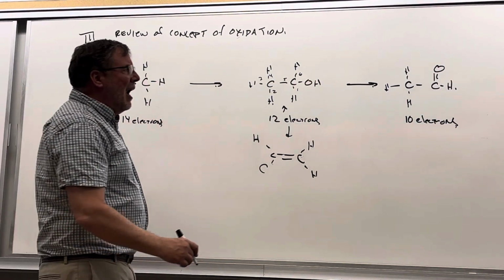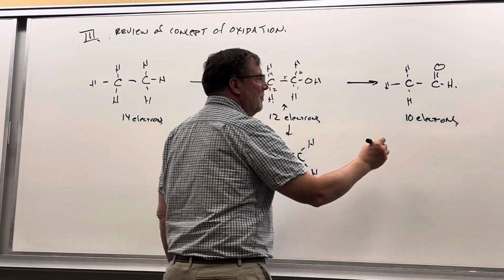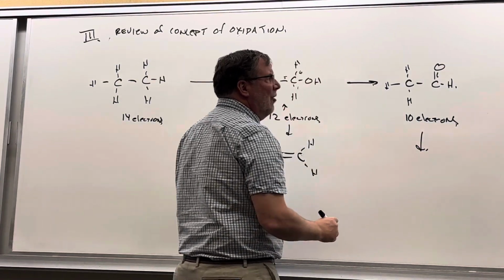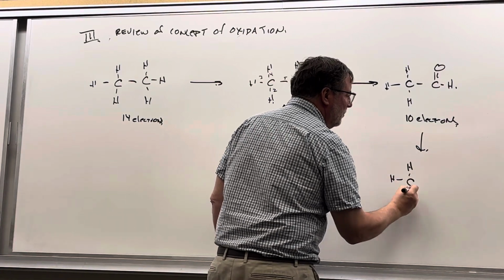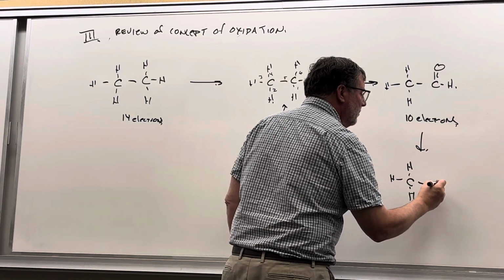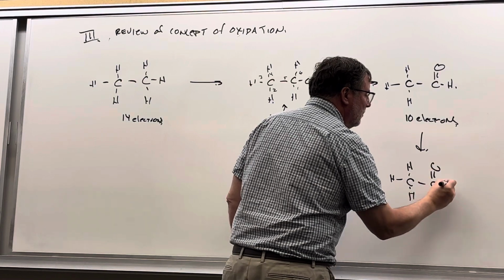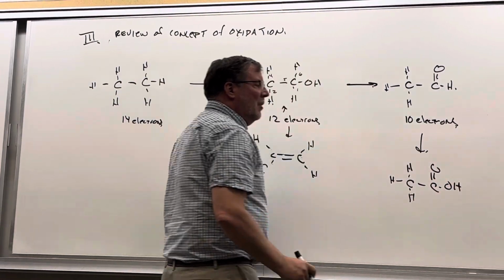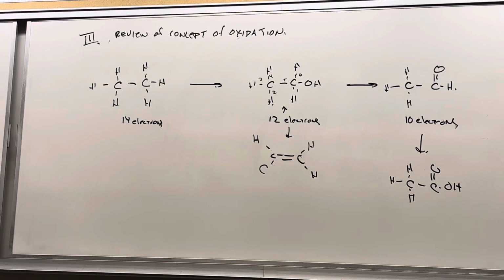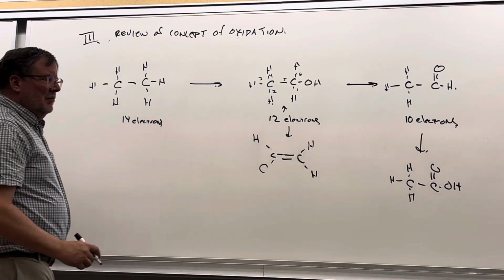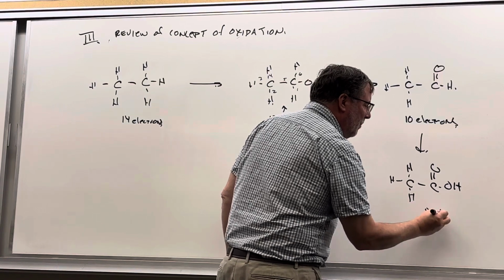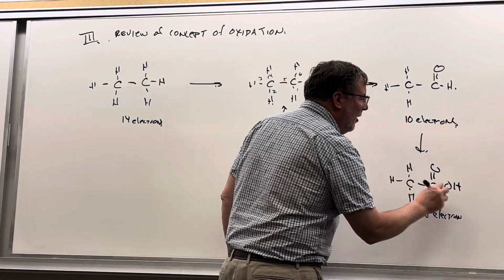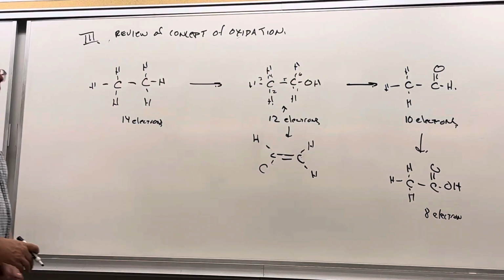And we could keep oxidizing it, taking away another 2 electrons to make the carboxylic acid, acetic acid. This only has 1, 2, 3, 4, 8 electrons. It's not that there aren't electrons there, but they're just associated with bonds to oxygen.